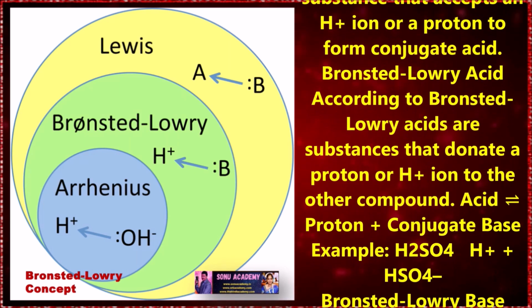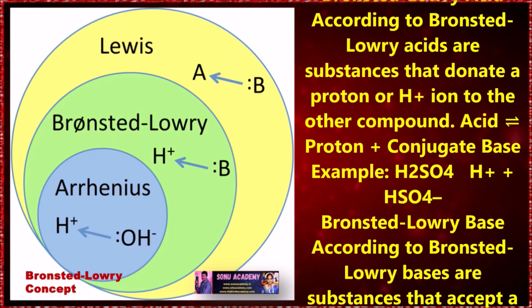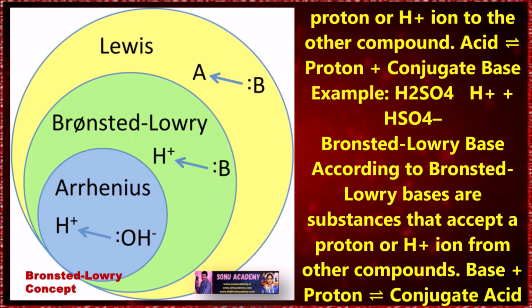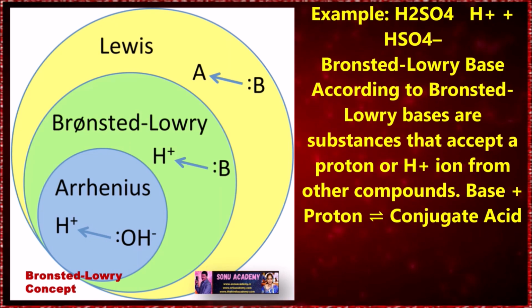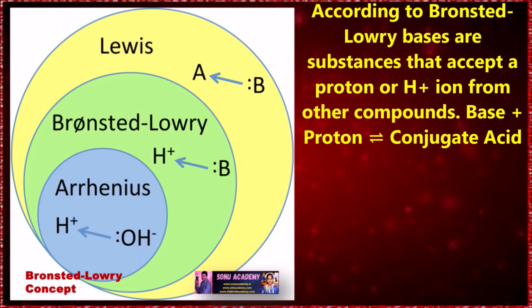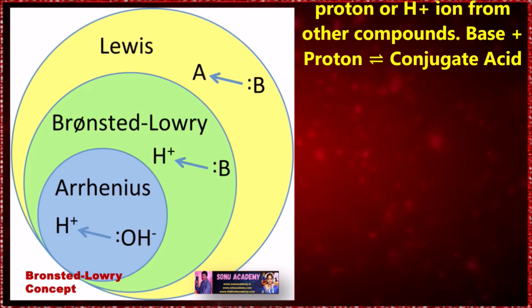According to Bronsted-Lowry, acids are substances that donate a proton or H+ ion to another compound. Bronsted-Lowry bases are the substances that accept a proton or H+ ion from other compounds. Base plus proton gives conjugate acid.